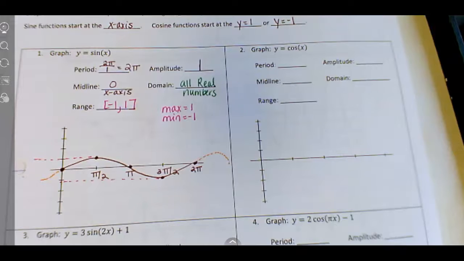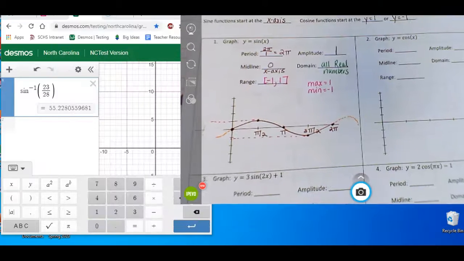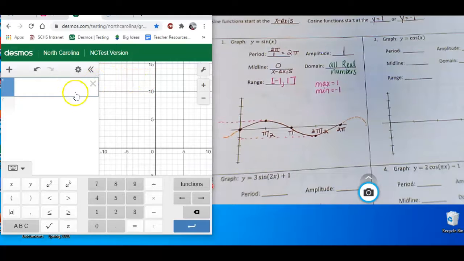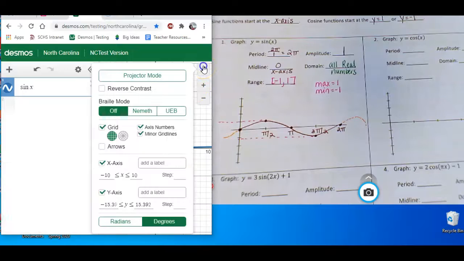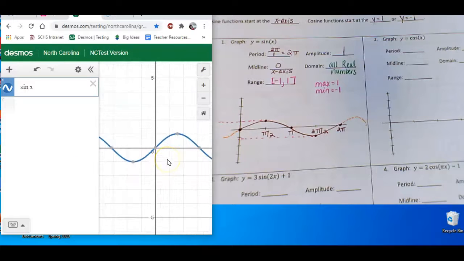Okay. Now, very quickly, let me just show you that you can graph this in Desmos. Sine of x. Notice it looks really strange here. At this point in time, this is where radians are important because when we graph these, you do need to be in radians. So you go to that wrench and go to radians, and then it will graph it for us.